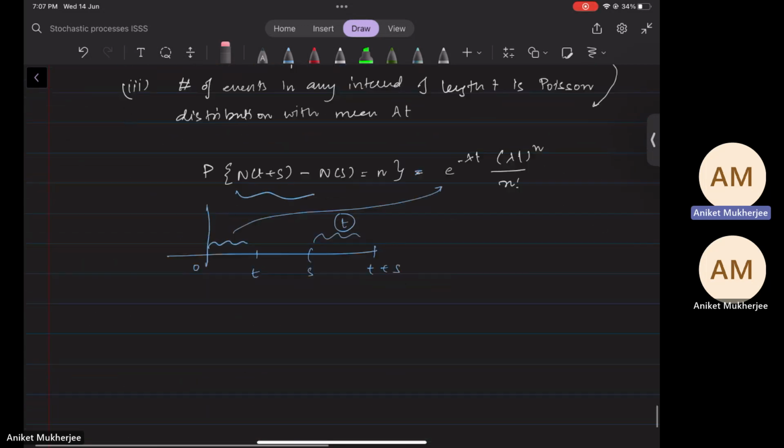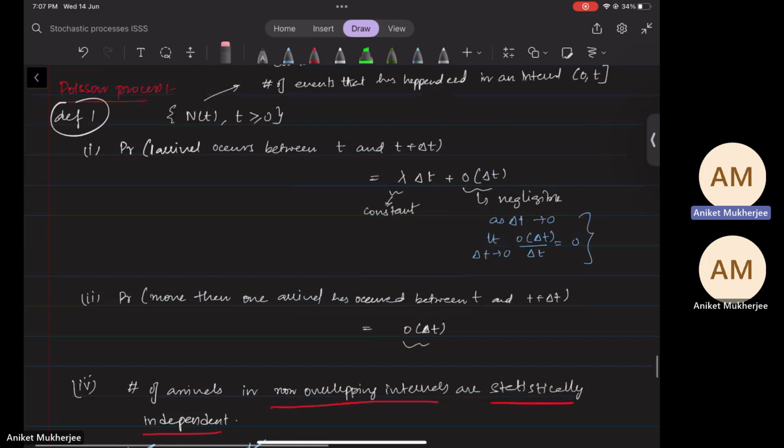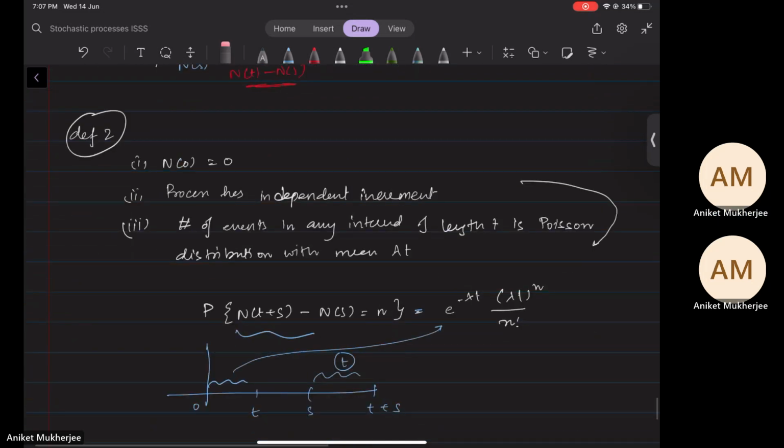To do that, first we'll derive, so we know that definition 1 is correct. We'll derive the Poisson distribution. So from definition 1, we'll say that definition 2 follows.